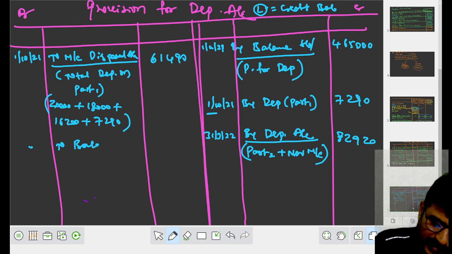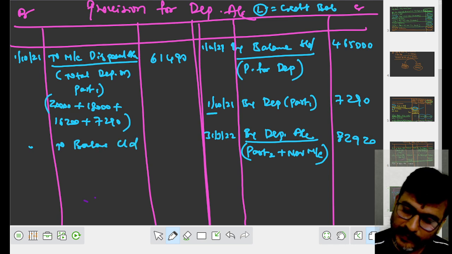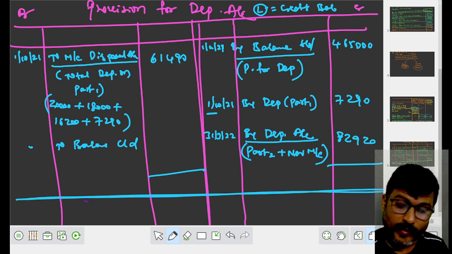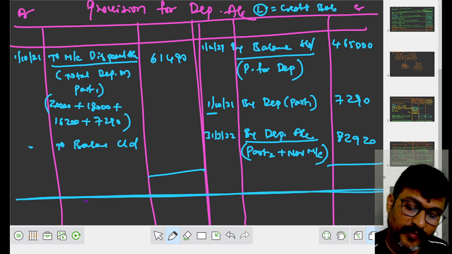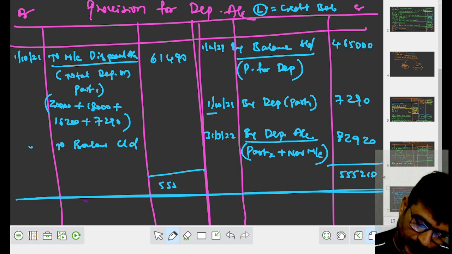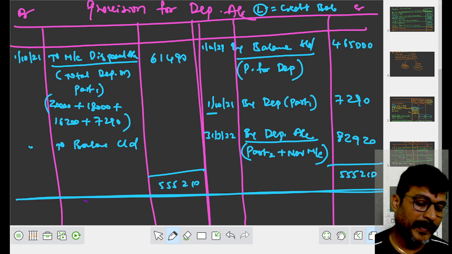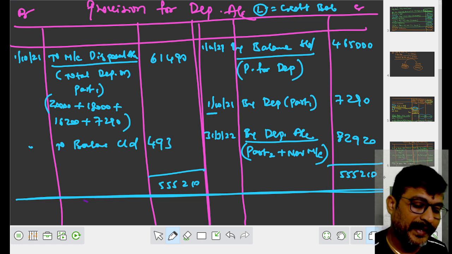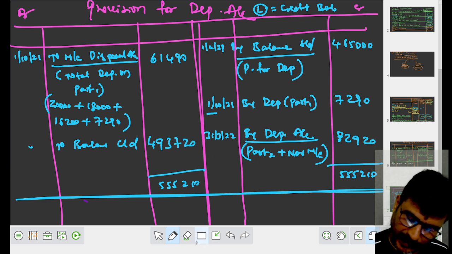To balance carried down. Now you work out the total. What is total depreciation provision? 5,55,000. Work out the balance, it comes to 4,93,720.